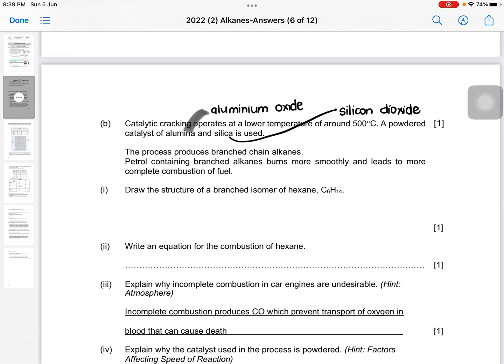The process produces branched chain alkanes. Petrol containing branched alkanes burns more smoothly and leads to more complete combustion. This is important.